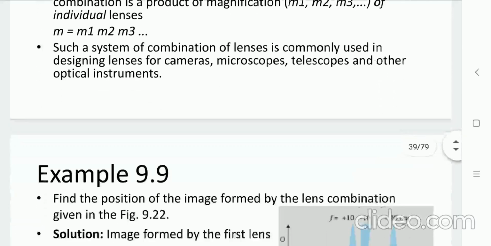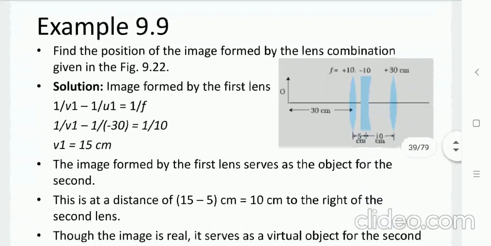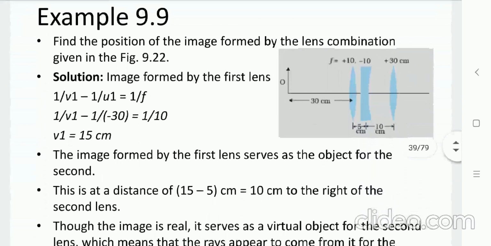Let us go through an example related to this. Find the position of the image formed by the lens combination given in the example. Here three lenses are there. The first and second lenses are convex lenses and the middle one has a spherical surface on one side only.